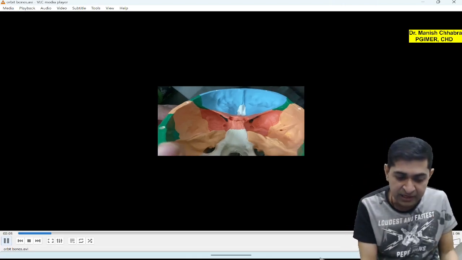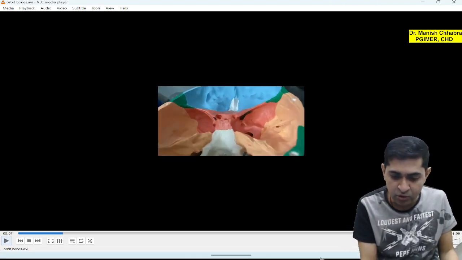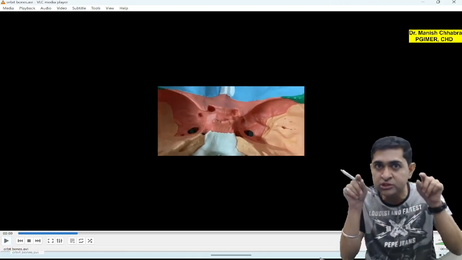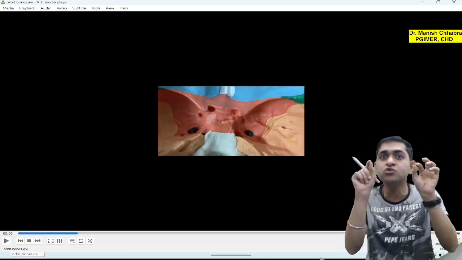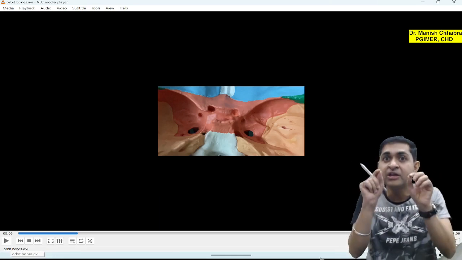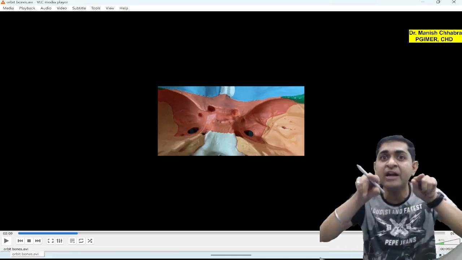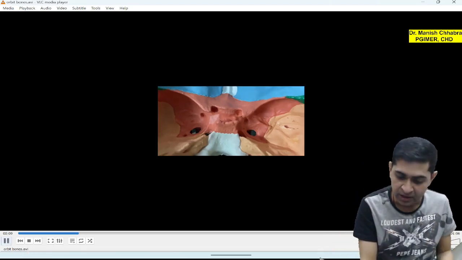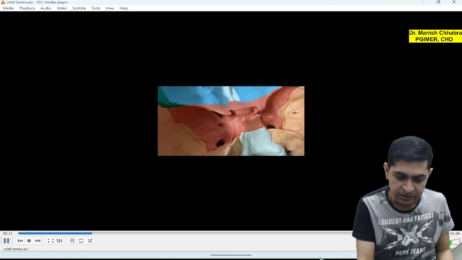This is your optic canal. I think now you can see the two holes near the clinoid process. This is your optic canal, from where the optic nerve and ophthalmic artery enter the orbit. I hope it is well understood.